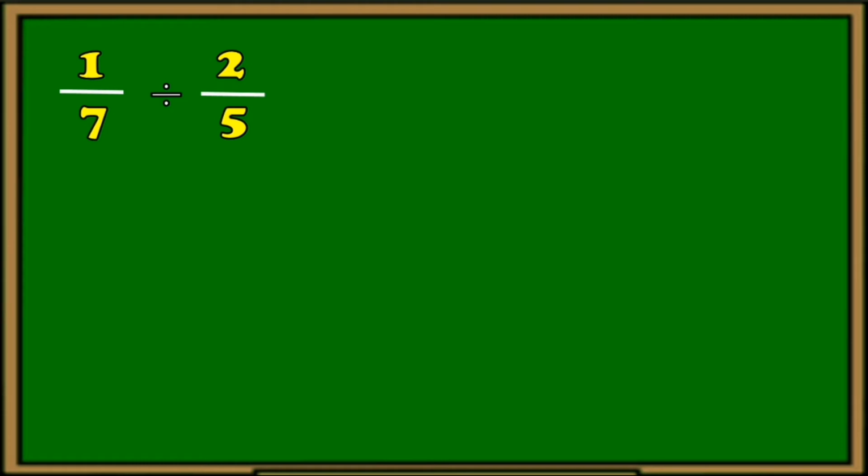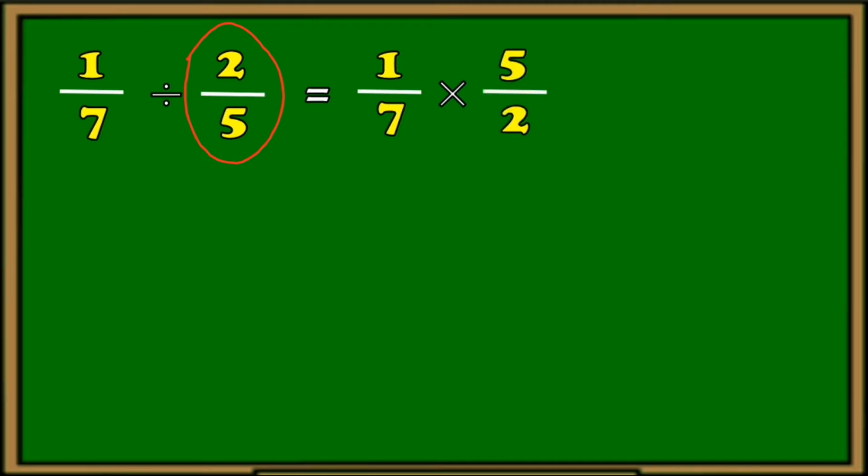Let's try another example. 1 over 7 divided by 2 over 5. We're going to copy 1 over 7. Then we're going to change the division to multiplication and get the reciprocal of 2 over 5. And that is 5 over 2.